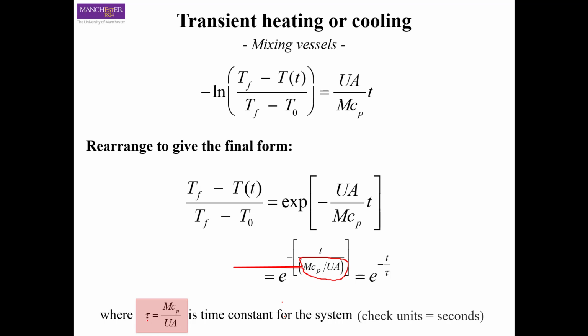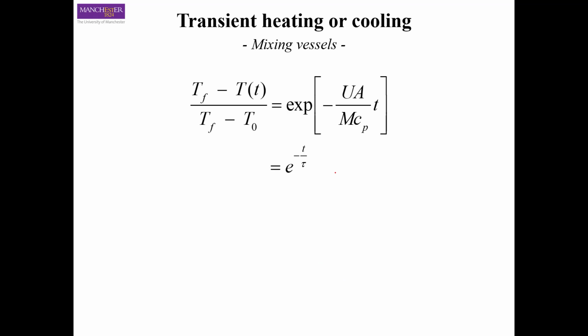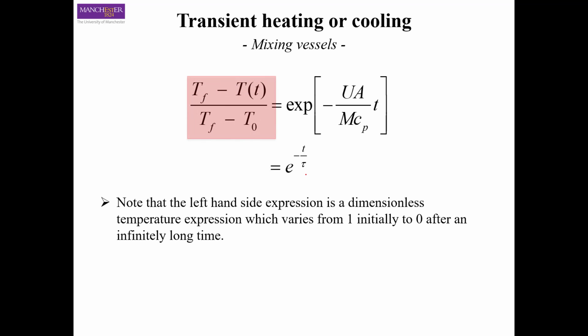It should be seconds. You will see that the right hand side of the equation is dimensionless, while on the left hand side we have a temperature difference divided by a temperature difference. So again, there is no unit, and both sides of the equation are unitless, which means that this is a dimensionless equation.